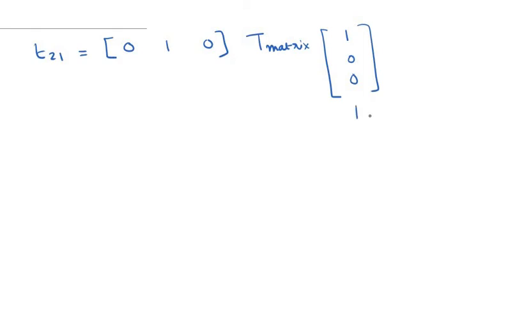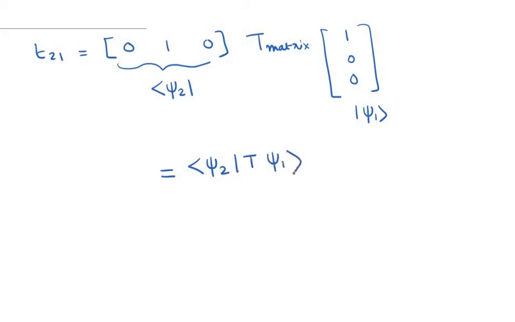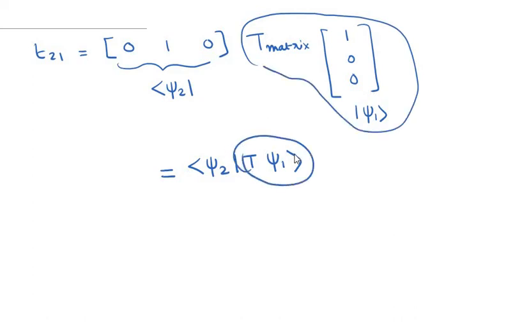And this, as I told, is exactly psi1, and this is psi2, and then we have the T matrix. So this is nothing but psi2 T psi1. So we have this part which is the Ket of T psi1, and then we have the Bra psi2 here.